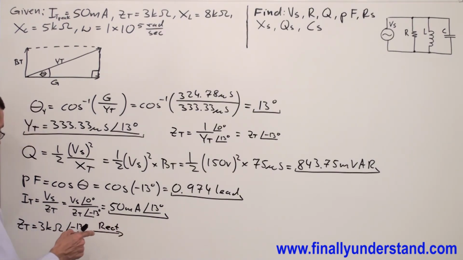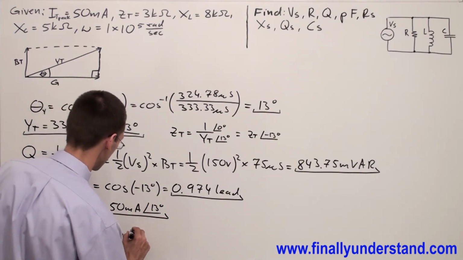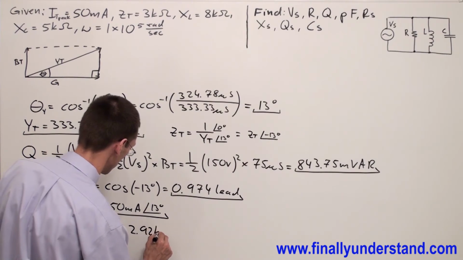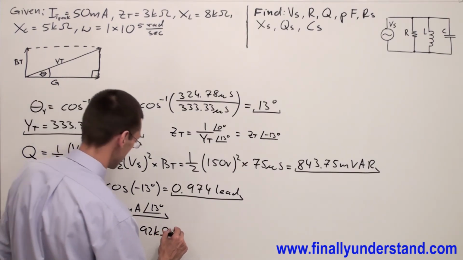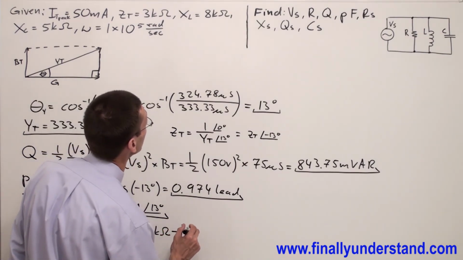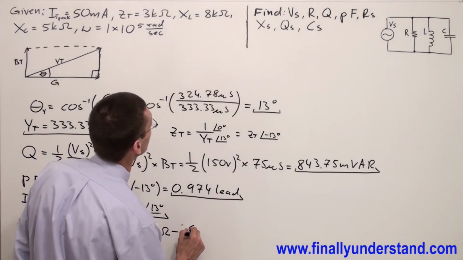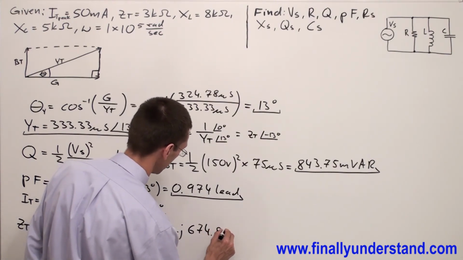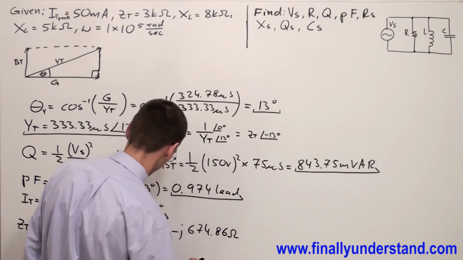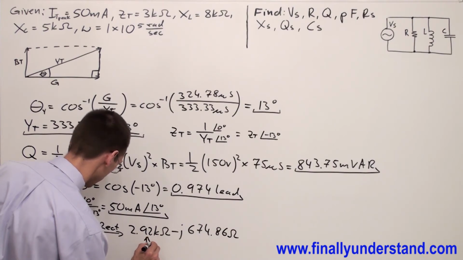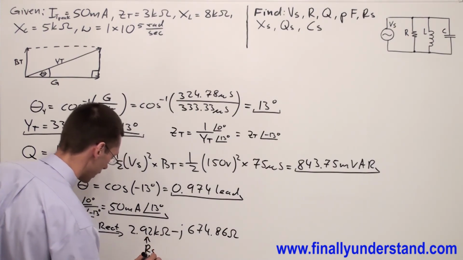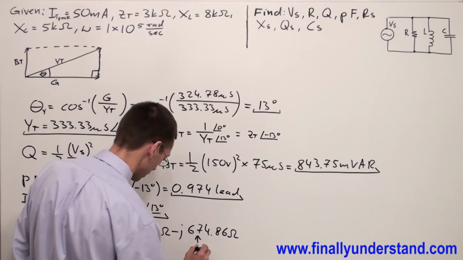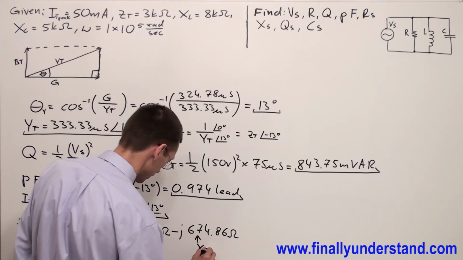Polar form converted to the rectangular form, we are supposed to obtain 2.92 kilohms minus j 674.86 ohms. Where the real part is my resistance Rs, and the imaginary part is nothing else, just X of Cs.